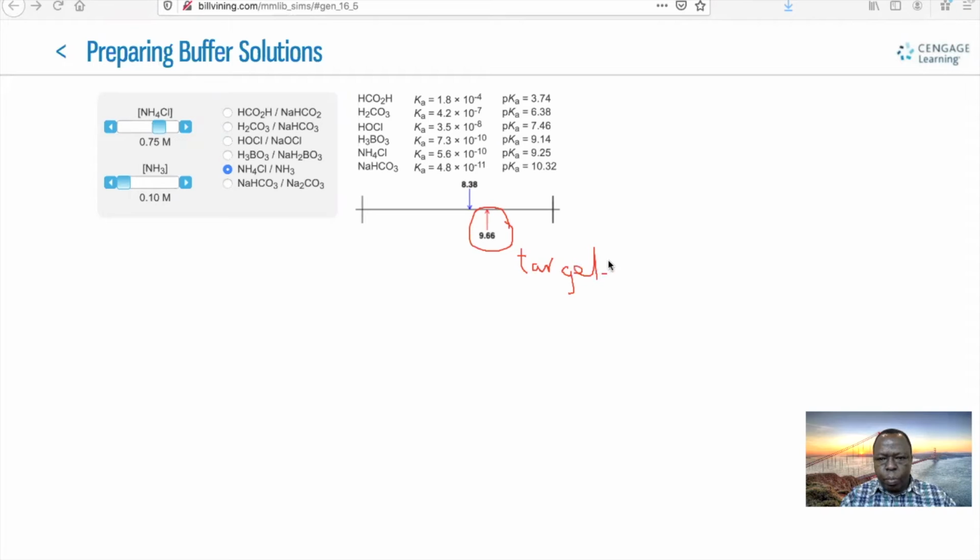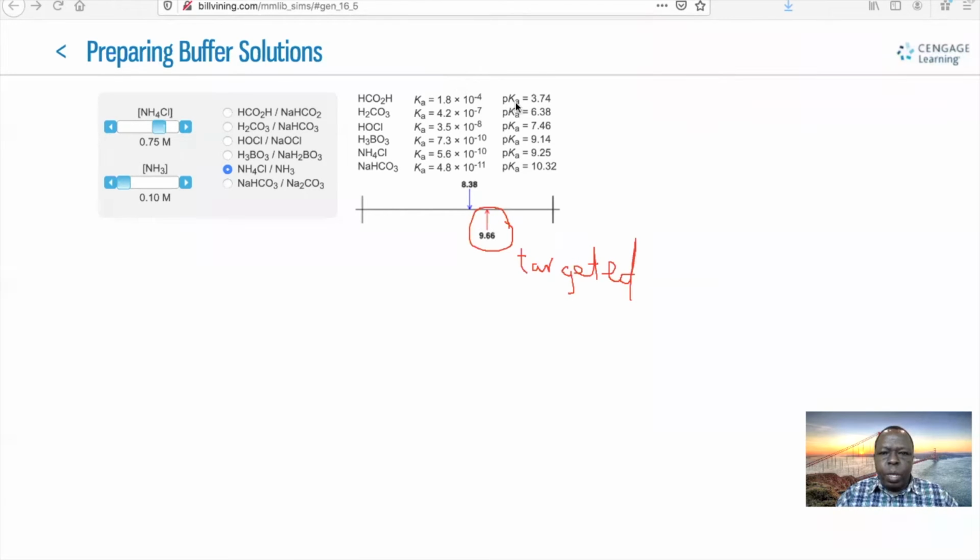So if we were to prepare, for example, a buffer solution whose pH we are targeting is 9.6.